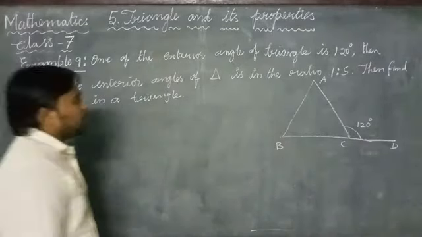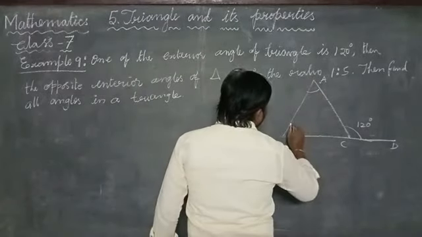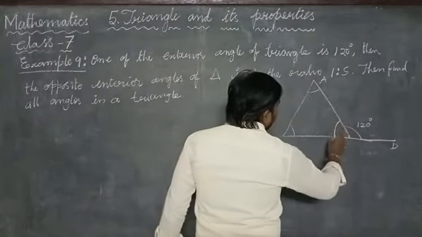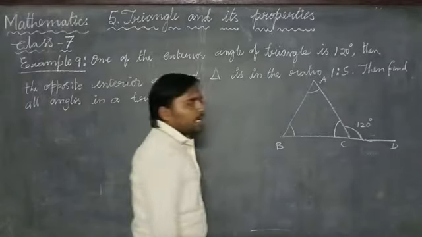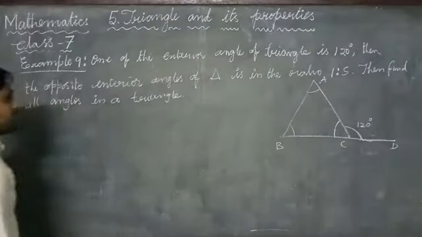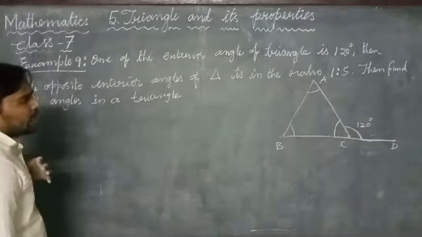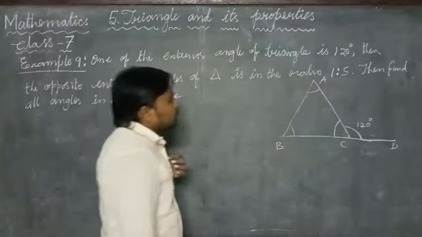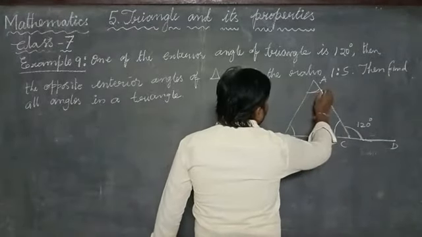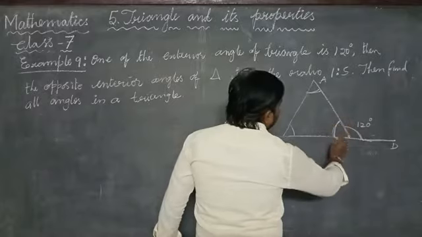Okay, now let us see. Here angle A, angle B and angle C, and it is the exterior angle 120 degrees. They had given exterior angle as 120 degrees, and here let us assume that these are the internal angles of a triangle.